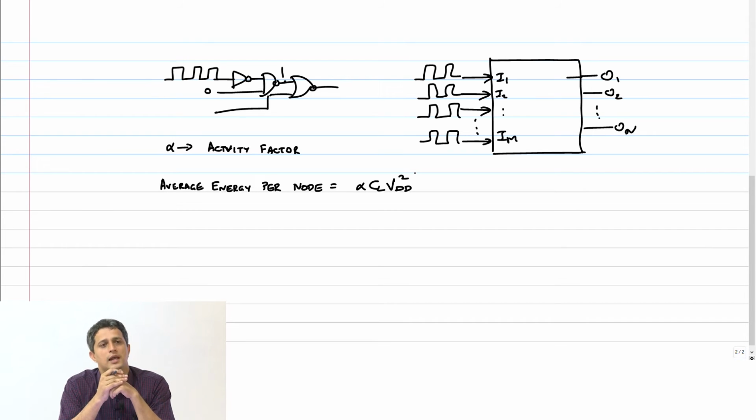Now if you have something like a clock, the activity factor for a clock is 1. It is switching every single cycle, right? So that is the highest possible activity factor that you can have. For every other node, it will be somewhere between 0 and 1, right? Mostly it will be actually quite low, right?